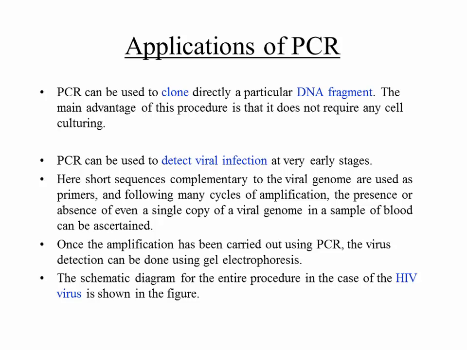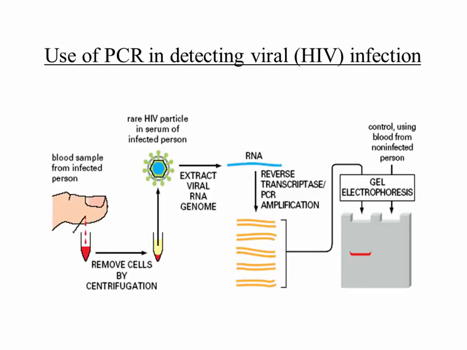And the schematic diagram for the entire procedure in the case of the HIV virus, which causes AIDS, is shown in the next figure, right? So you can see you're going to take a blood sample from the infected person, right? Then you need to extract the viral RNA, or in the case of AIDS, it's going to be RNA. So you're going to remove the cells by centrifugation. Remember, I covered this when I talked about proteins.